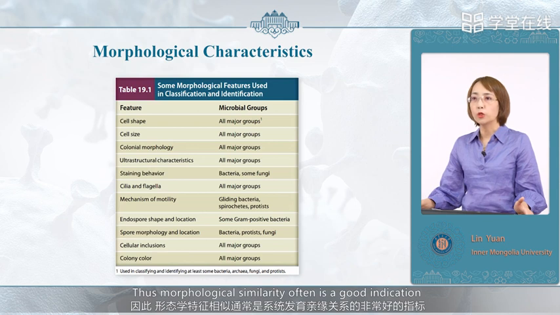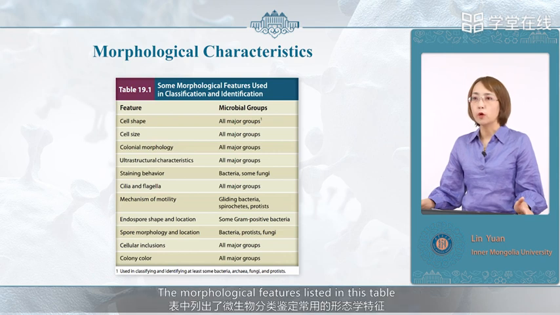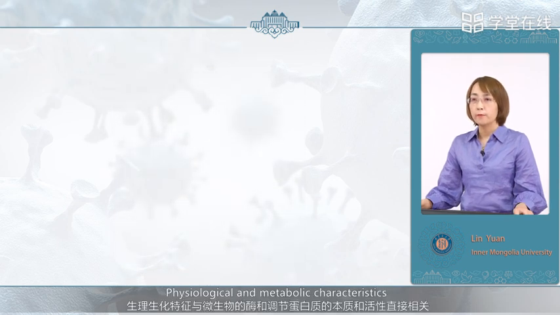Thus, morphological similarity often is a good indication of phylogenetic relatedness. The morphological features listed in this table are often employed in the classification and identification of microorganisms.